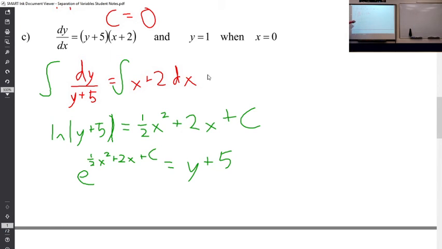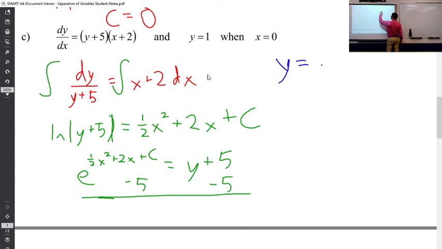All right. Let's subtract 5 from both sides. And then we're going to come over here and the trickery begins. y equals e to the 1/2 x squared plus 2x plus c.